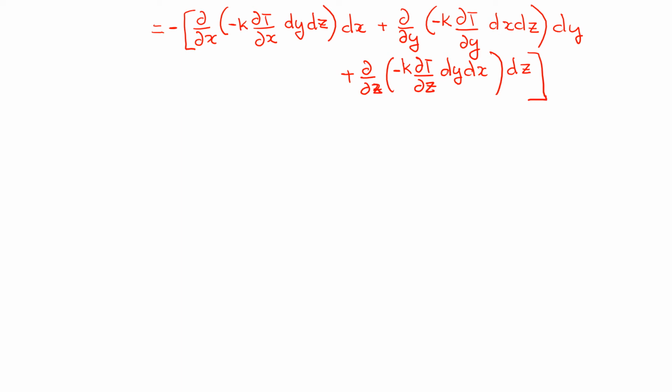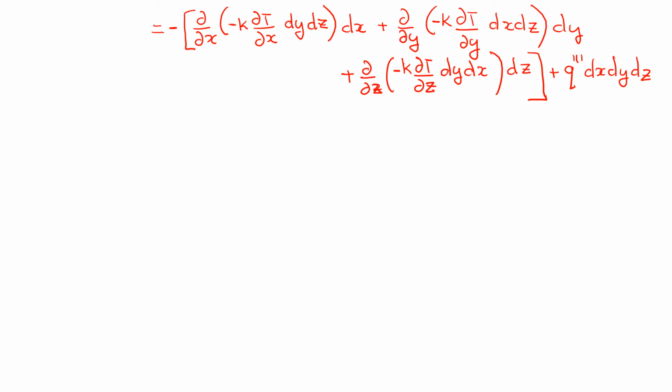And in the energy equation, we had a qgen term, and qgen was nothing but the volumetric heat generation times the volume, which is dx times dy times dz.